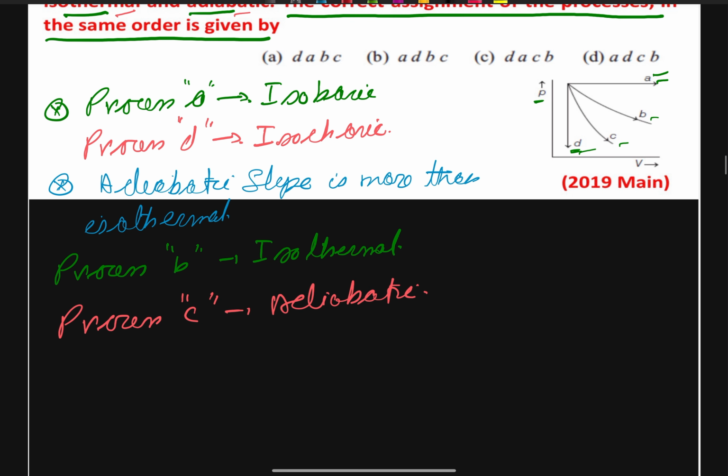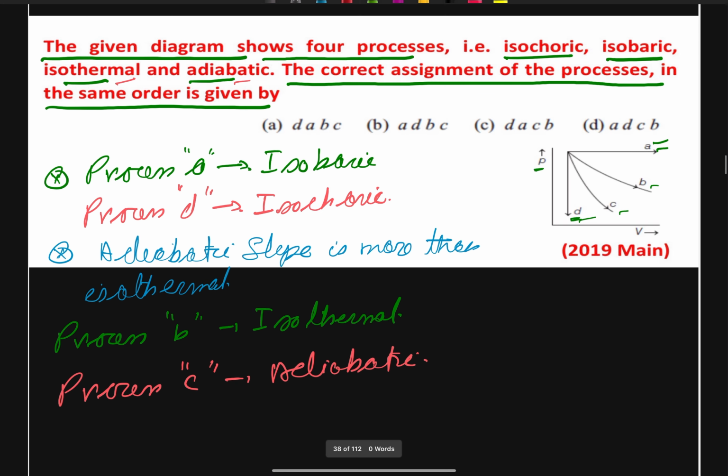Therefore, in the same order it is asked, adiabatic is our C, so this is our last one.